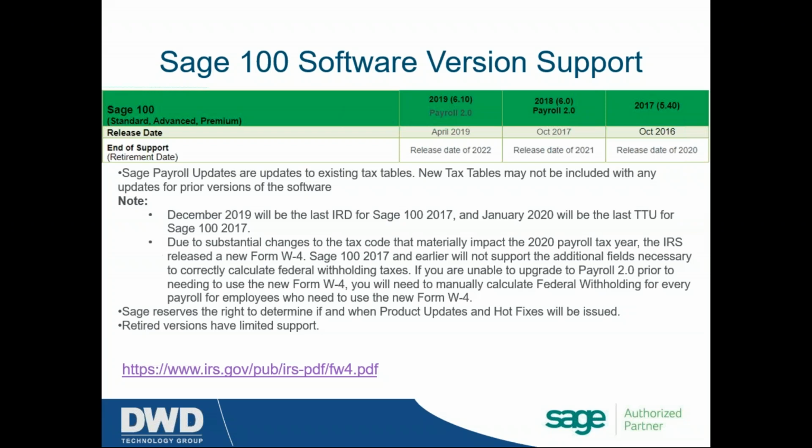So what you need to know is that the 2017 version does not have the ability to enter that information from the W-4. If you stay on 2017 and process your payroll, it will calculate the taxes.